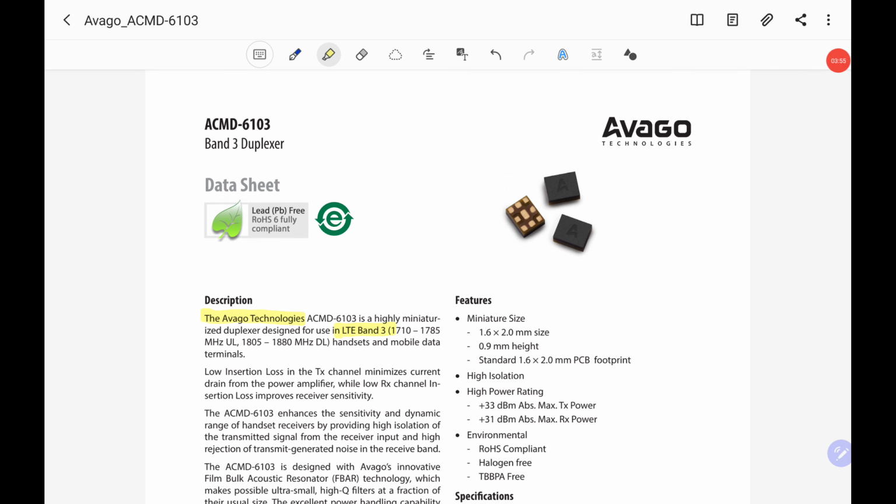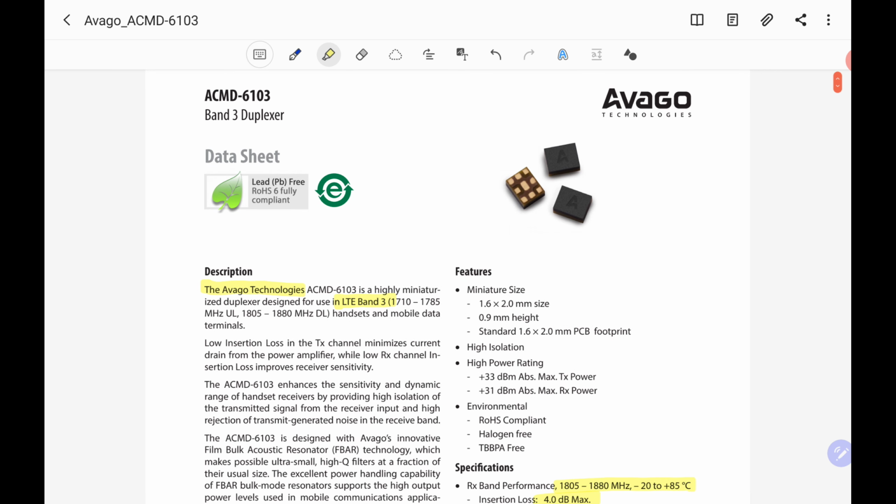To let you know the application of insertion loss and return loss, I bring this kind of data sheet. This is a component like a duplexer kind of filter. You don't need to know the detail, but let me show you how this insertion loss and return loss is used in this real component.